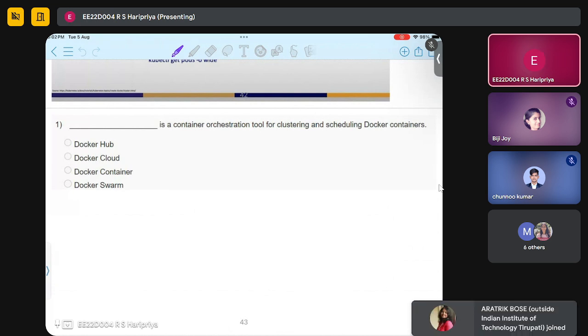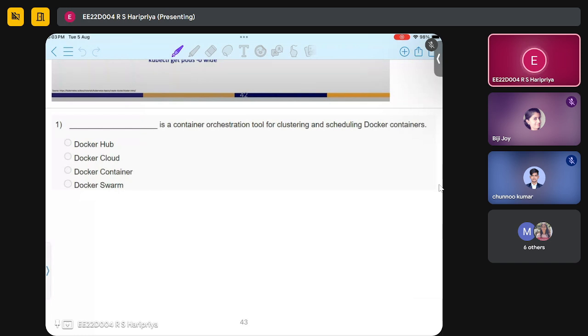First question: which one is the container orchestration tool for clustering and scheduling Docker containers?